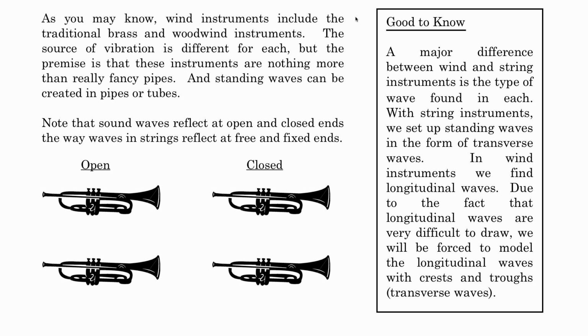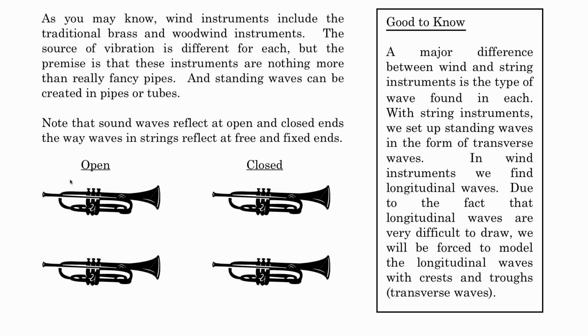So tubes, really exquisite tubes, and air is going to flow through these, sound is going to flow through these, and depending on the length of these tubes, and we can shorten them and lengthen them with these little valves up here, we can get very different sounds out of them. And so, that really takes away from the magnificence of how these things are created. There's a lot of really good and interesting and complex physics that goes into these things, but we're going to take a step back, and for the purposes of grade 11, we're going to say, okay, these are just really fancy tubes.